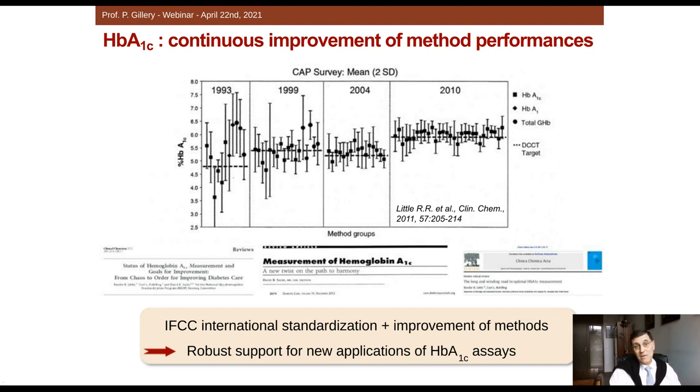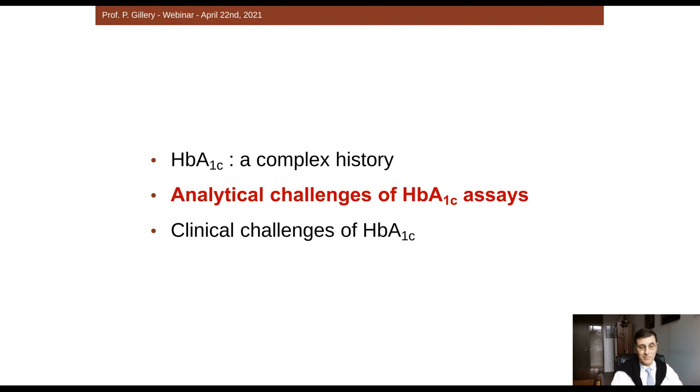Thus, the international standardization of methods by IFCC and the improvement of methods by manufacturers made a robust support for new applications of HbA1c assays.